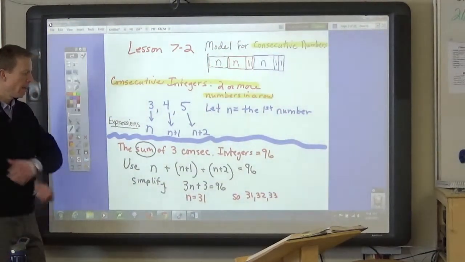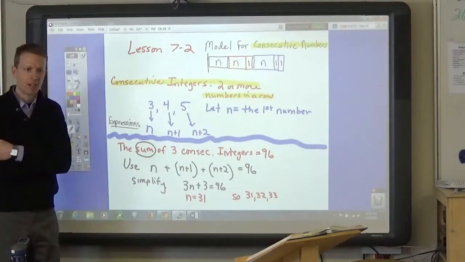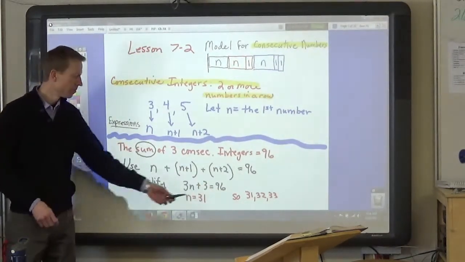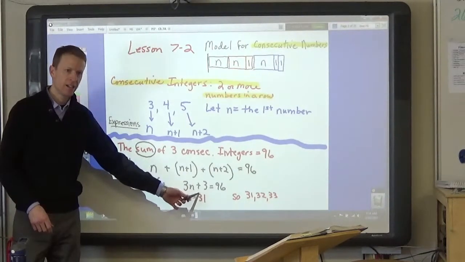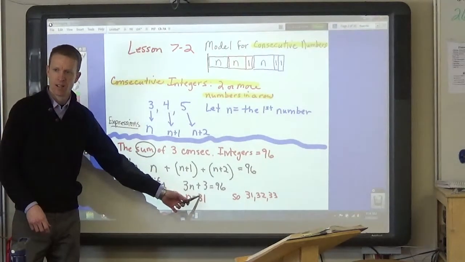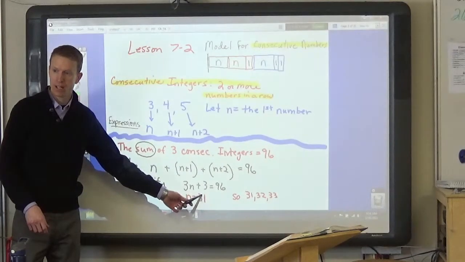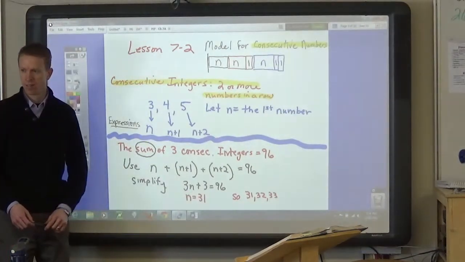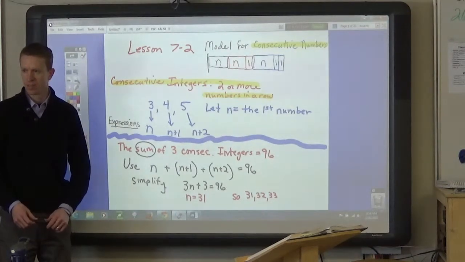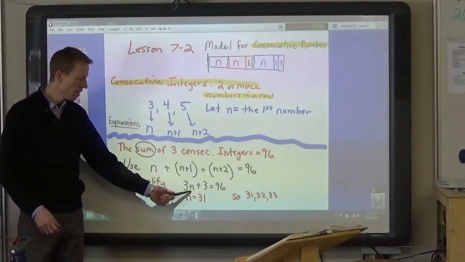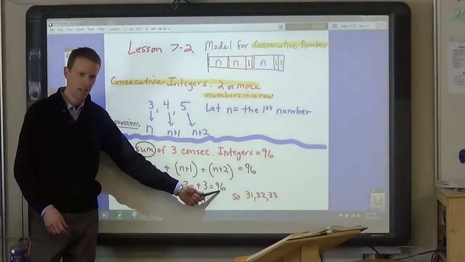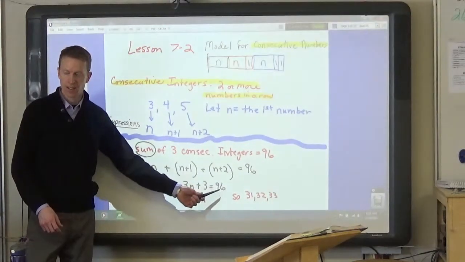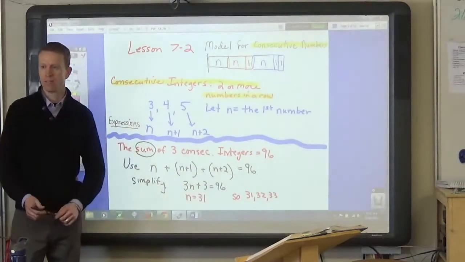How would we solve for n? How would we solve this for n? Joey? I'm doing a two-step equation problem. Right. We'd add -3 to each side.